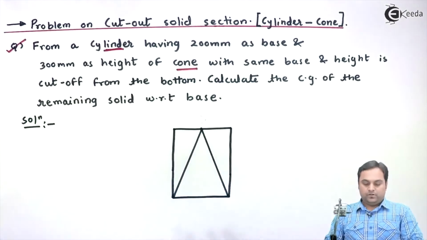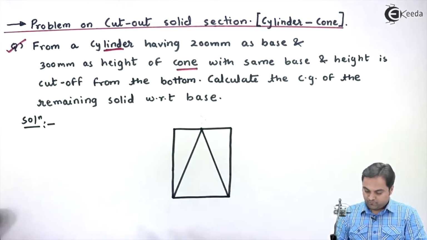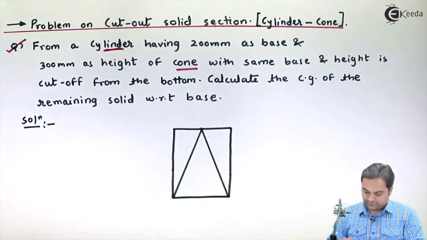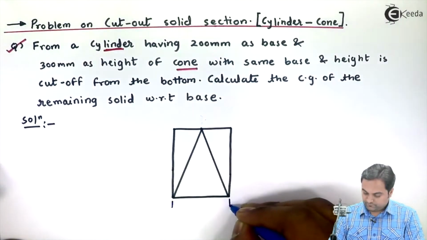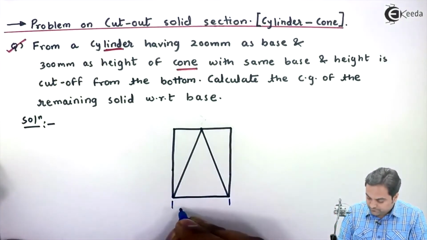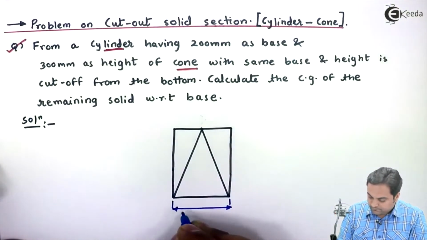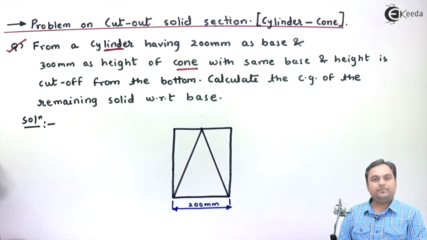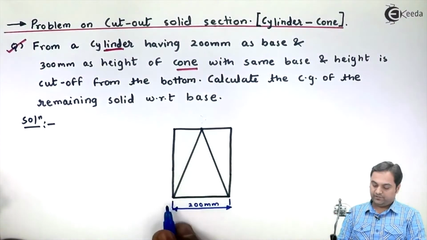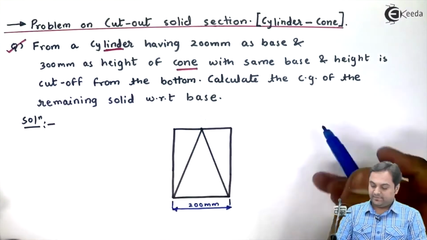Now I'll mark the dimensions. 200 mm is the base of the cone, or here it is the base of the cylinder as well, and 300 mm height.